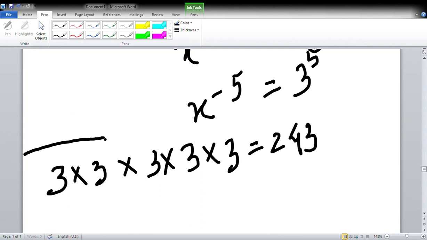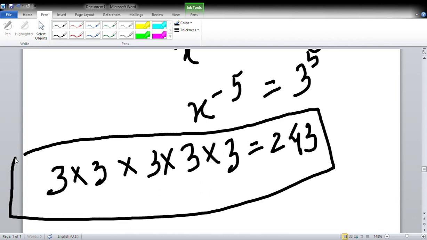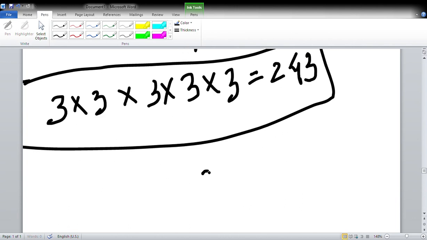So x to the power minus 5 is equal to 3 to the power 5.